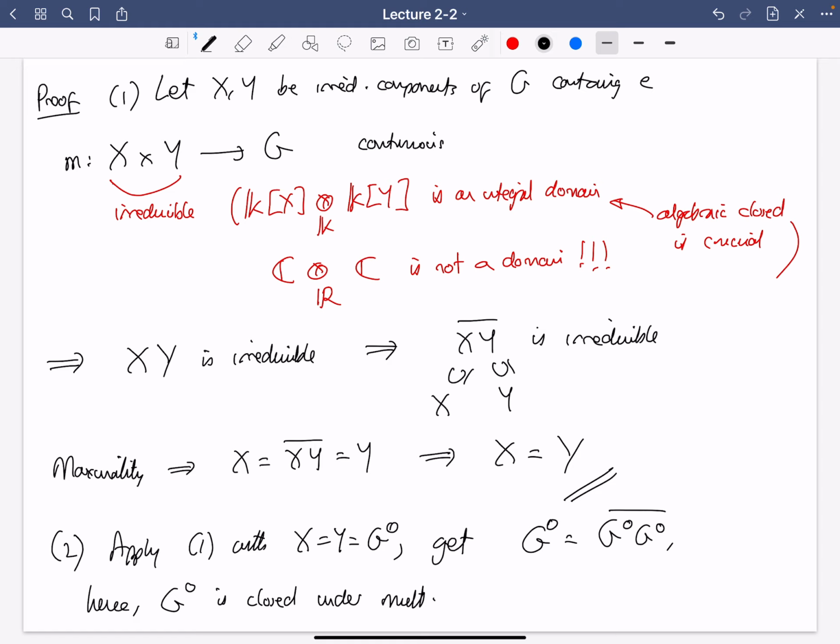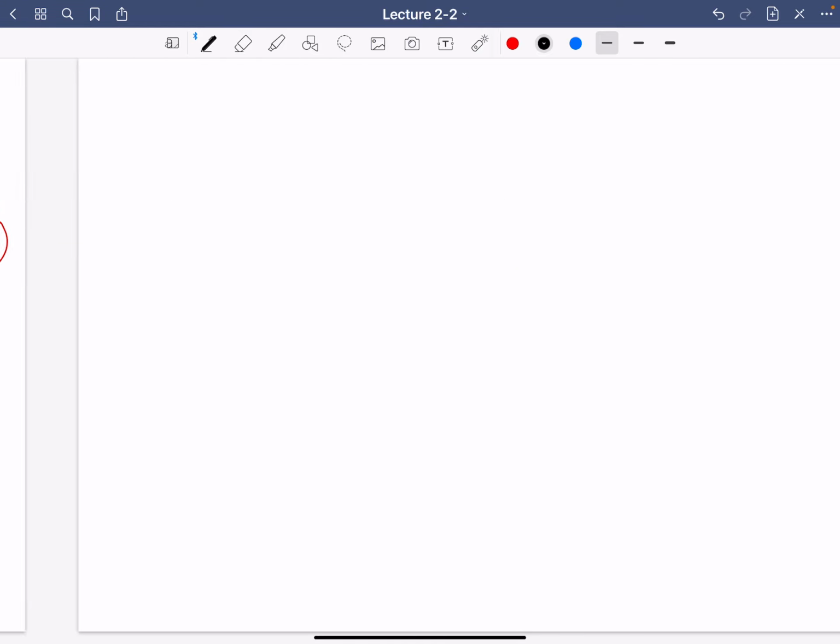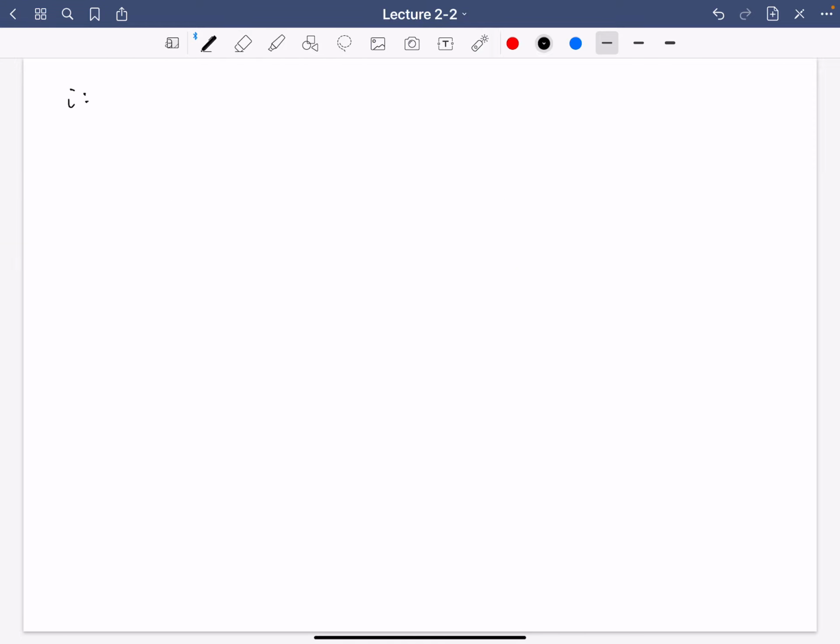It contains the identity element by definition, so to show it's a subgroup, all we've got to do is show that it's closed under inverses, but the group inverse map I is a homeomorphism. All we need right now is that it's continuous. So if you apply it to an irreducible component, you get an irreducible component.